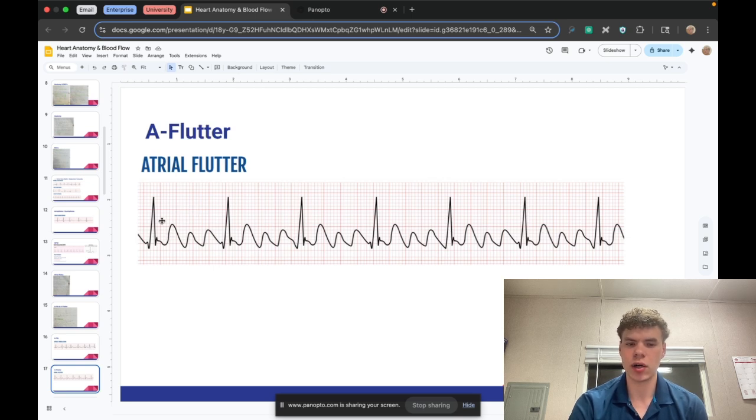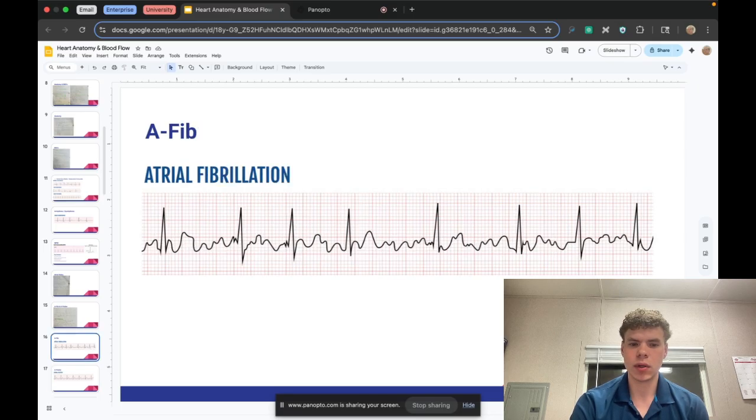In A flutter, your R to R is equal. You have these little flutters here. But with AFib, your R to R is unequal, so it's not regular, and it has these not-as-pretty little spikes here. So AFib is called irregularly irregular, and A flutter is regularly regular.